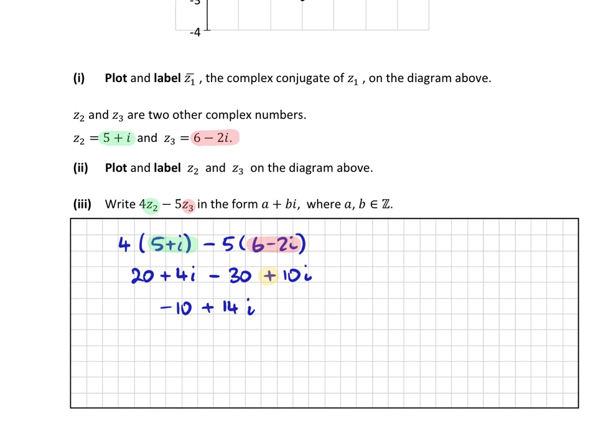The last step there is just to add your like terms. So 20 take away 30 leaves us at -10. And similarly, plus 4i plus 10i gives us plus 14i.